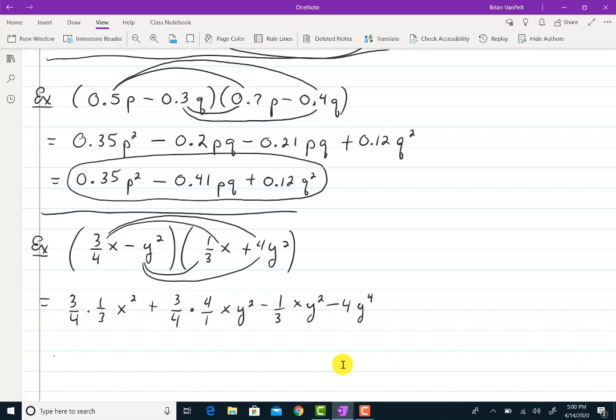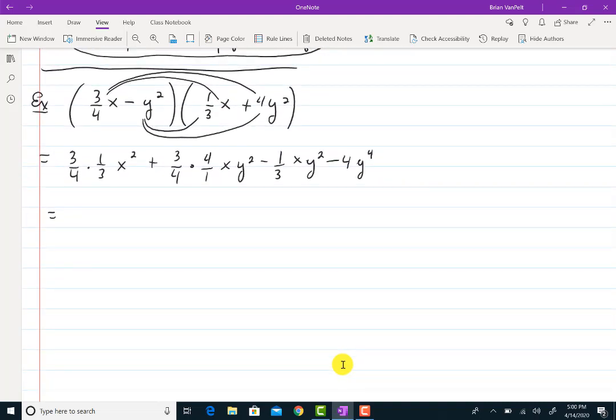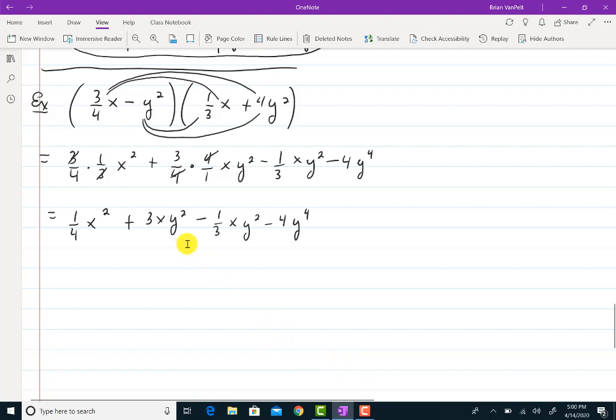And let me simplify all that I can to come up with my final answer. These 3's will cancel, and I'll get 1/4 x squared. These 4's will cancel, so I get plus 3xy squared minus 1/3 xy squared minus 4y to the 4th. So the only thing I've got to do now is simplify this stuff inside of here.